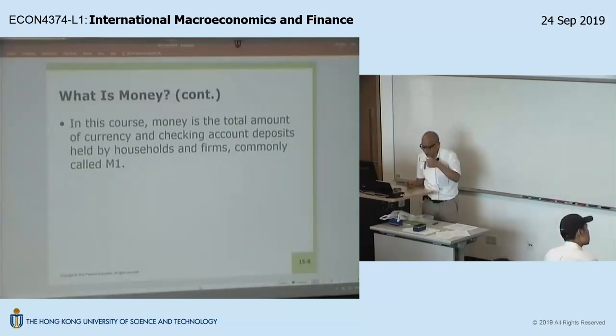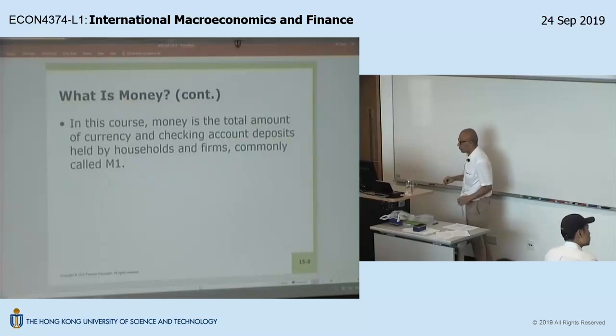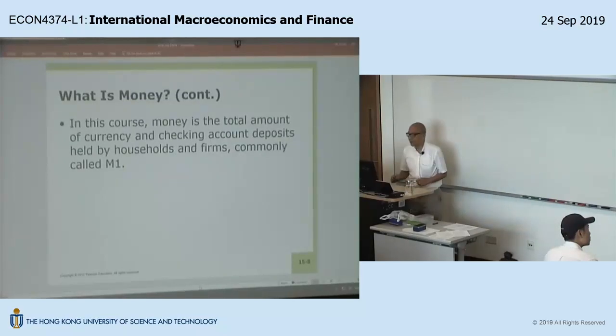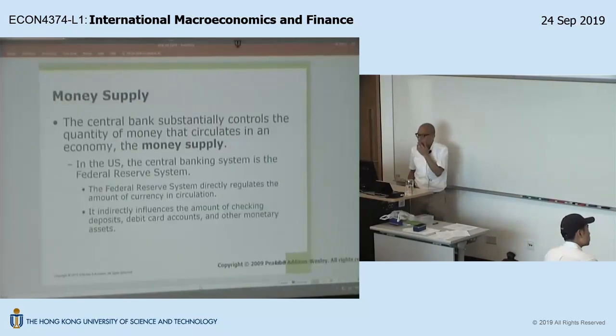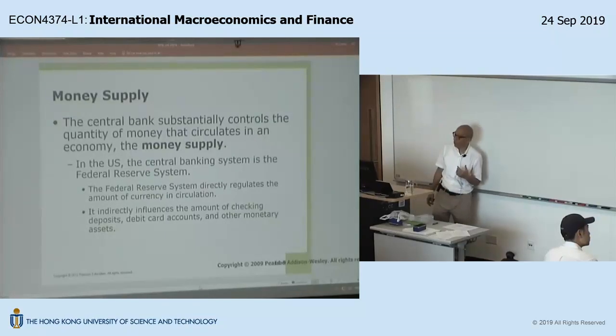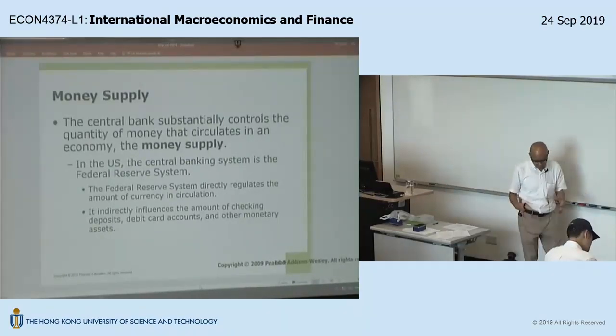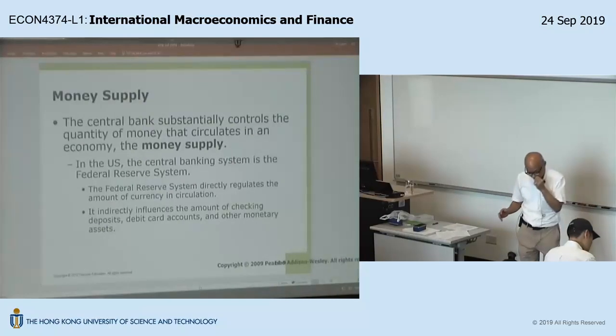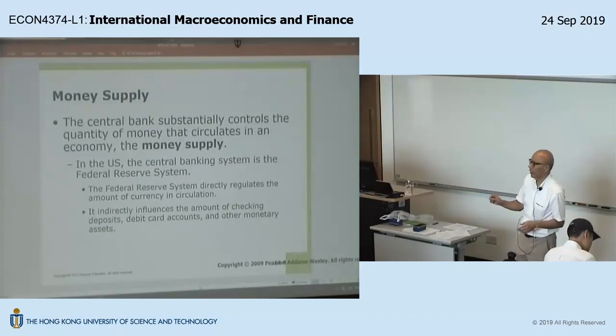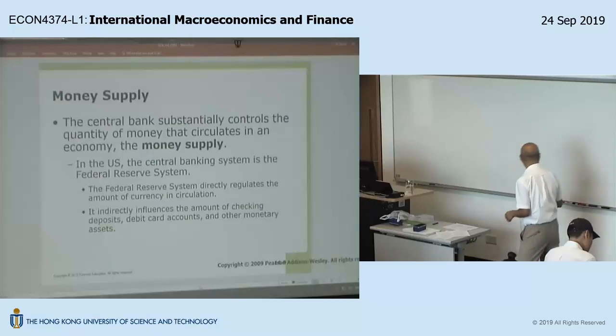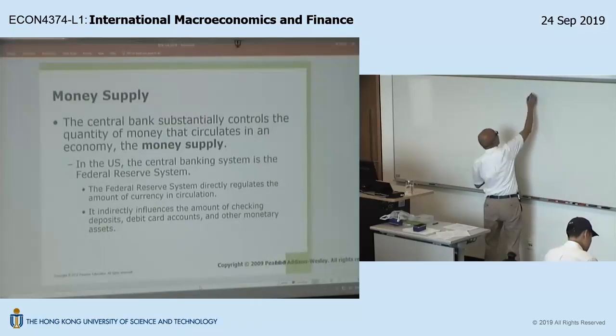And money supply: the central bank controls the quantity of money. Here we're talking about the modern economy where money is fiat money. Remember.